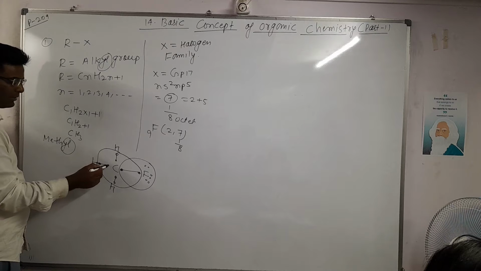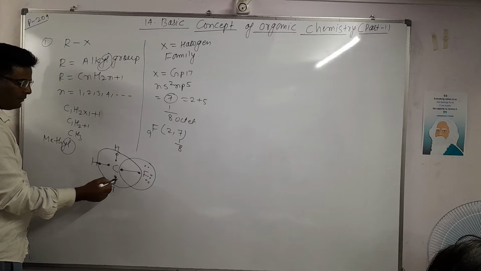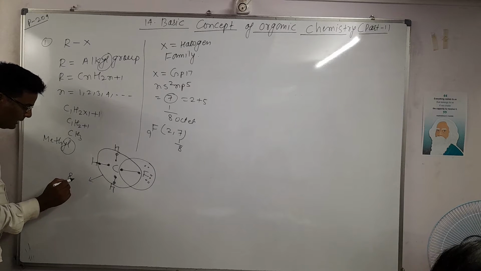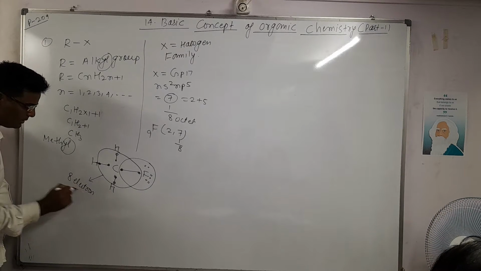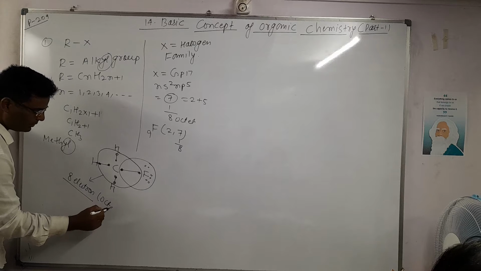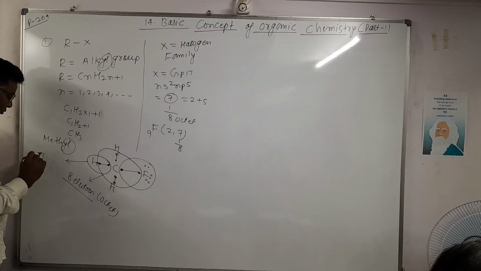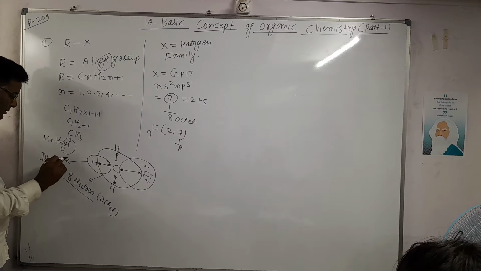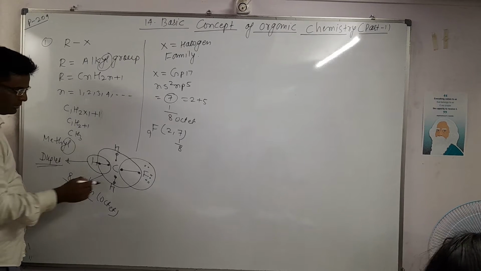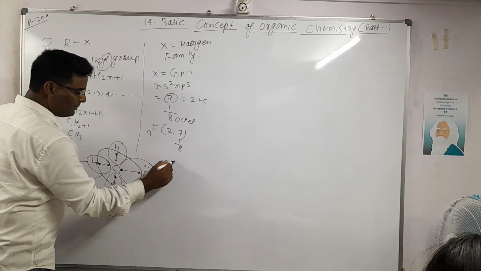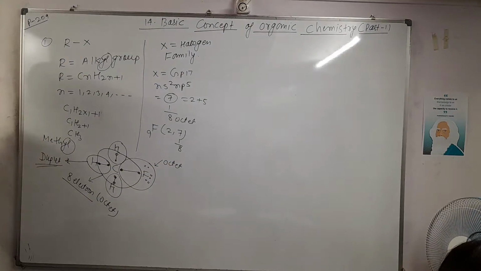So you can count the electrons now: 1, 2, 3, 4, 5, 6, 7, 8. So total 8 electrons are there, right? It is called octet. And hydrogen has completed its doublet, right? So all hydrogen has completed its doublet, and fluorine also completed its octet, right?